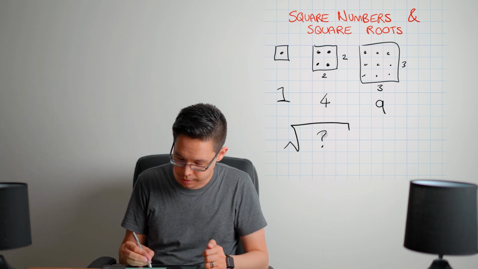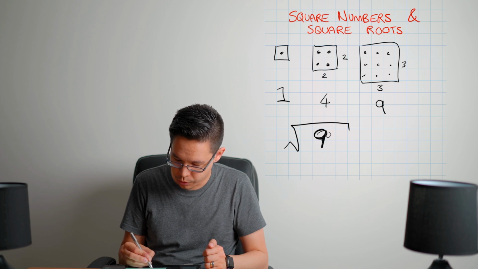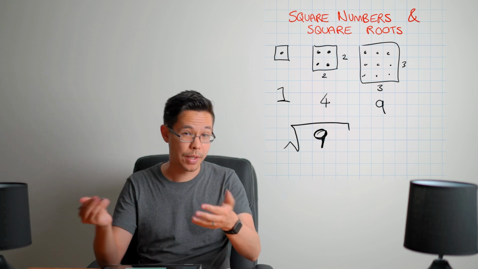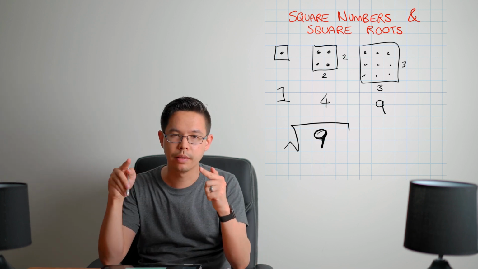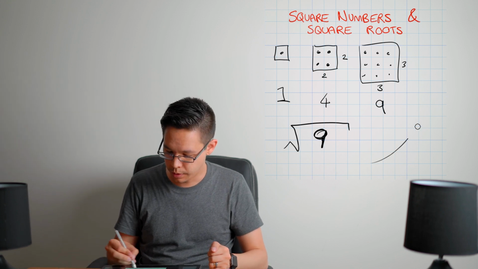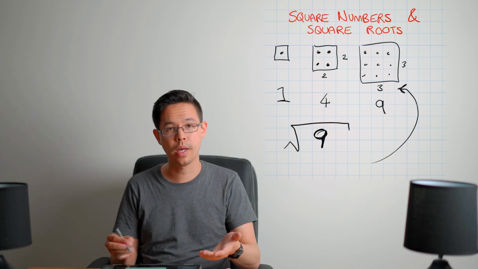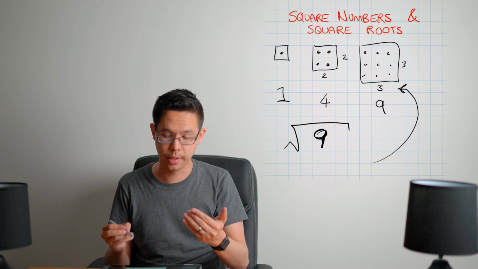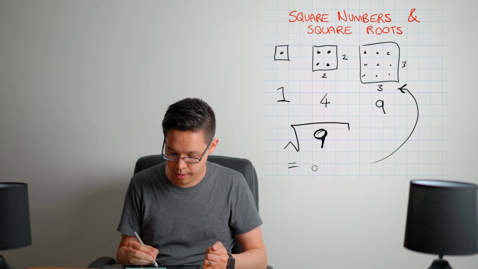So, what is the square root of 9? It's basically asking what would be the width of that square. Well, we already know from up here that for the number 9, the square has a width of 3. So that answer is 3.